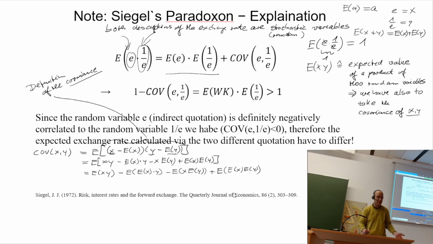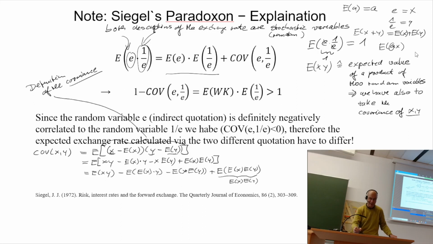Well, the expected value of a random variable is just again a fixed number. So this is then just E of x times E of y. Here we have a random variable x times E of y. E of y is, as an expected value, a fixed number, and we know linear operator E of a times x.